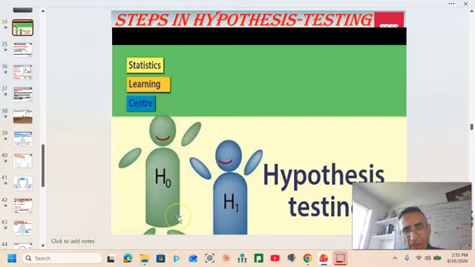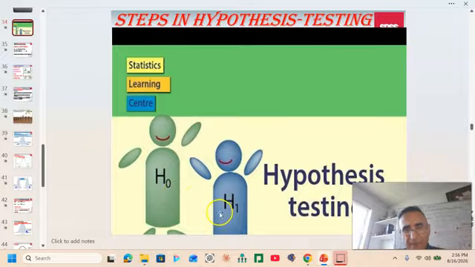H0, or H naught, means zero, nada, zaps, zilch. It says nothing. It basically tries to discourage you, saying no, I don't think so. If you're doing correlational research, null is 0, meaning no correlation. Don't waste your time.